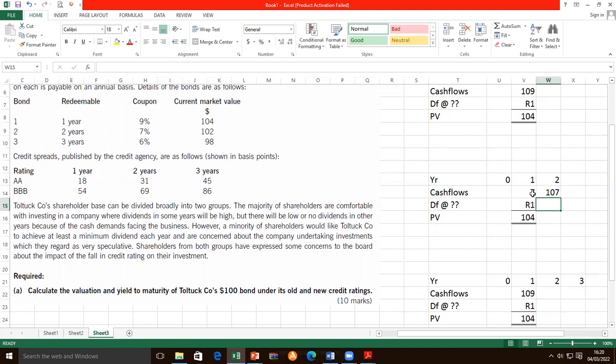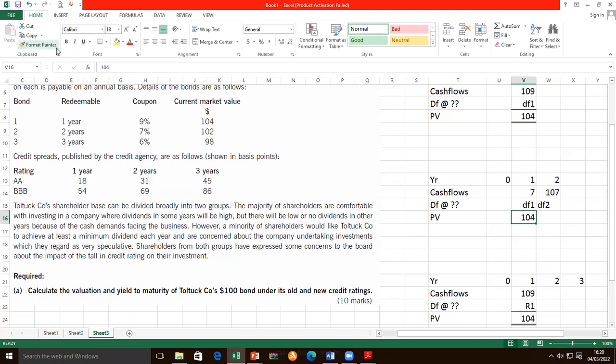Multiply by the discount factor there, which we don't know. In fact, I'll call this discount factor 1. I think it's better we call them that way. This one, discount factor 1 again. Then you find the discount factor number 2.